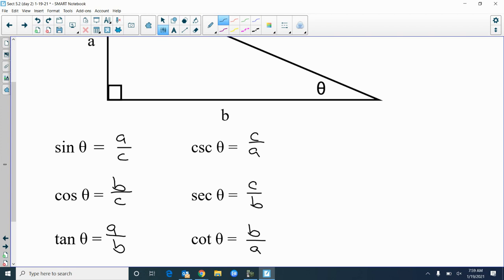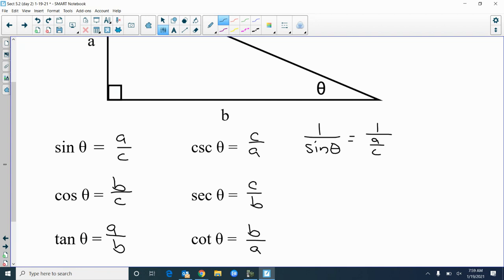All right, I want you to take a look. Just pay attention: what does the sine of the angle equal? It equals A over C, right? So that becomes 1 over A divided by C. All right, what does that simplify to? 1 divided by A over C. What's that?